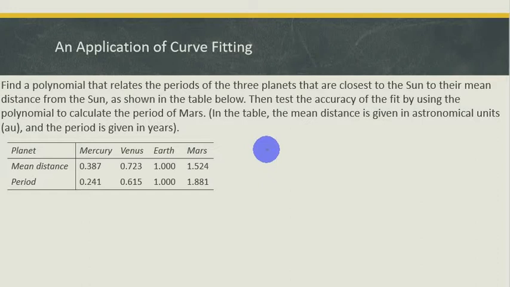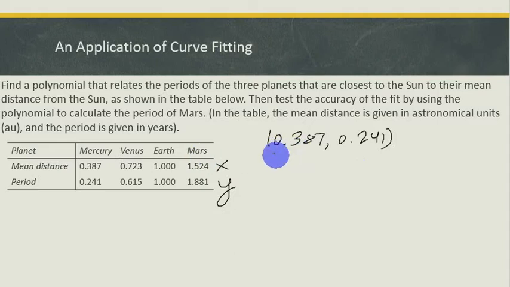Alright, so we have the following given. For Mercury, its mean distance is 0.387 with a period of 0.241. Since mean distance is given here, we're going to treat this as our x and this as our y. So our first point for Mercury will be (0.387, 0.241).